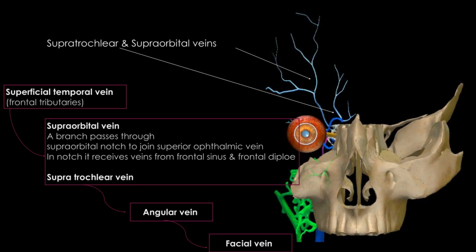Both the supraorbital vein and the supratrochlear vein join to form the angular vein in the medial canthus region, which eventually descends down. As you come down, it forms the facial vein in this region.